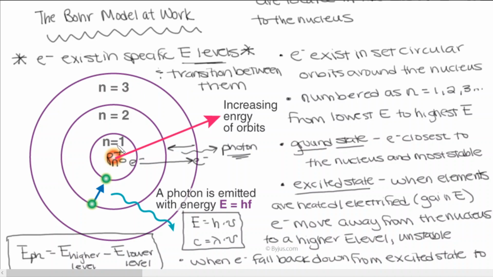So the idea that Bohr had about electrons having energy and electrons being able to transmit energy, that's all still correct. In fact, the energy levels are still numbered, N1, N2, N3. They're just not these set circular two-dimensional orbits. It's a little bit more complicated than that. And we are going to talk about that all together in a lecture in the coming days.